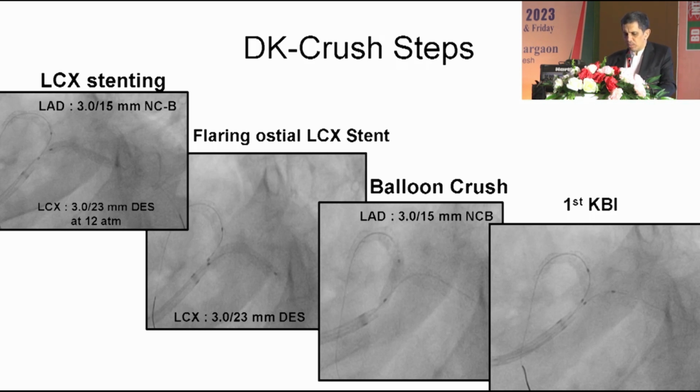Of course, first we put the 3.0 DES from circumflex to LAD, and then flared the ostial circumflex with high pressures, and then crushed using the 3.0 balloon. Please pay attention, that is, we crushed it with a 3.0 non-compliant balloon. And then afterward, we did a first kissing.